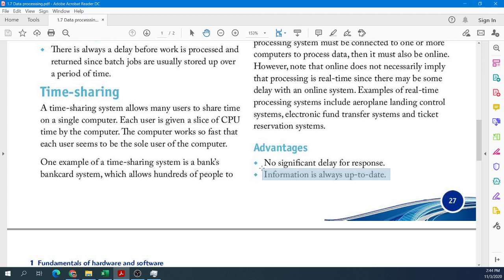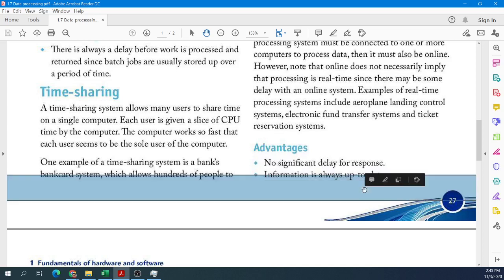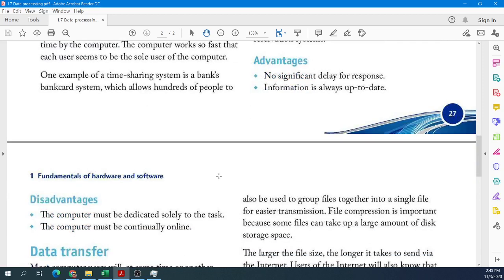Whatever transactions you are doing get updated in the system right away. If you made a purchase online on Amazon for 5,000, then that information is updated in real time into the bank so that they can see that information right away.